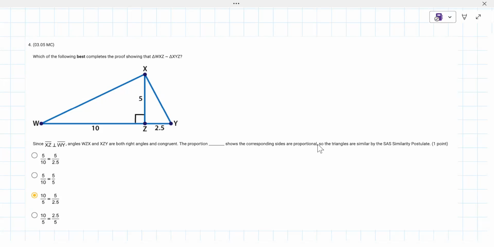So WXZ is the medium triangle, and XYZ is the small triangle.